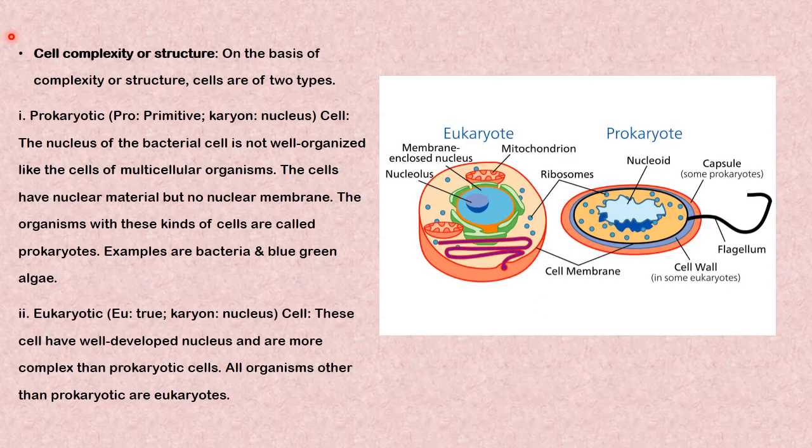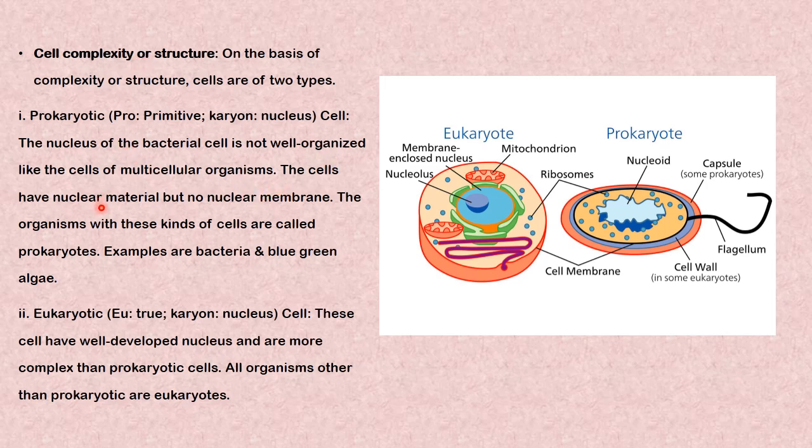Now I'm going to look at the classification of cells based on cell complexity or structure. On the basis of complexity or structure, cells are of two types. We have the prokaryotic and eukaryotic cell. Now, the word prokaryotic, pro meaning primitive and karyon meaning nucleus, shows that the nucleus of the bacterial cell is not well organized, or a prokaryotic cell is not well organized like the cells of multicellular organisms.